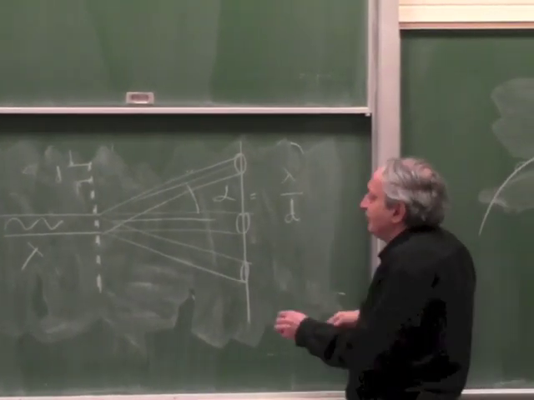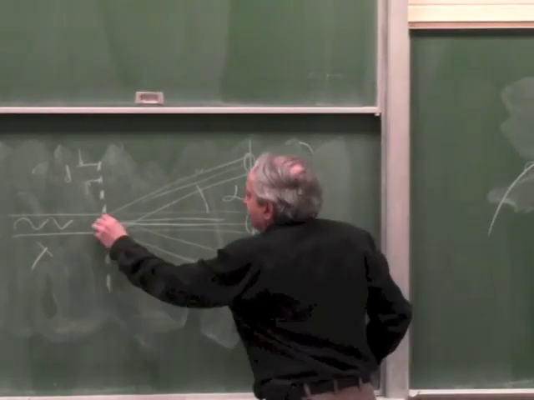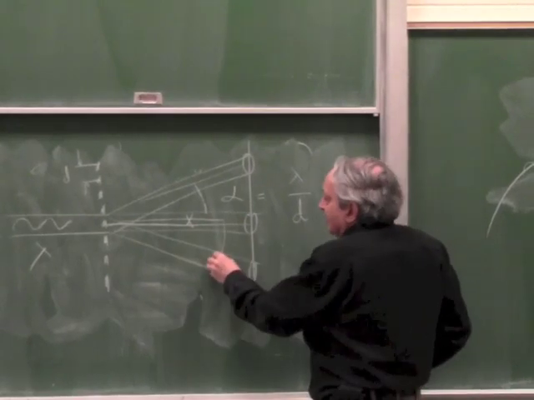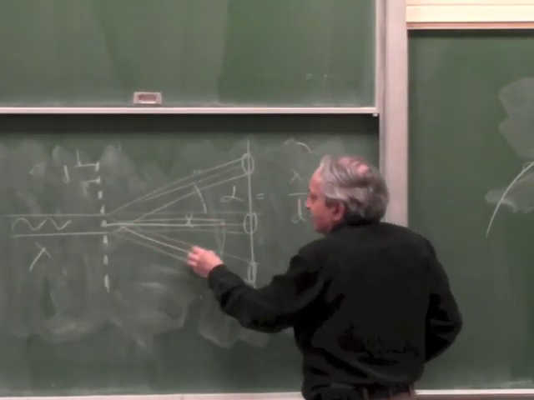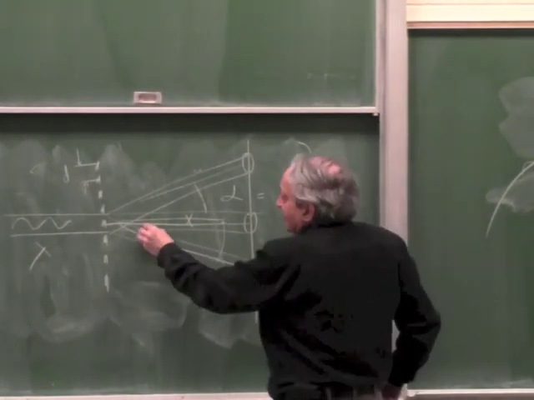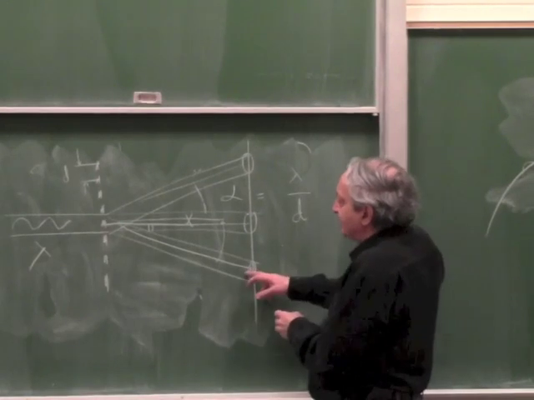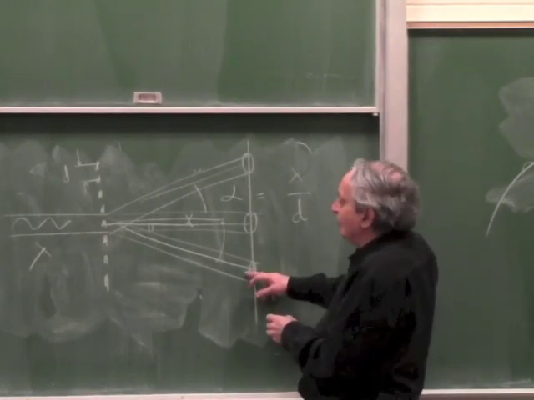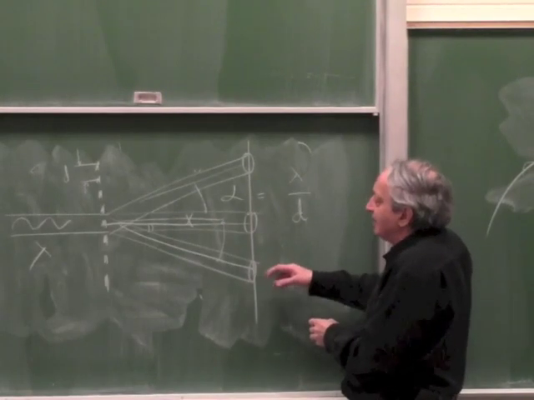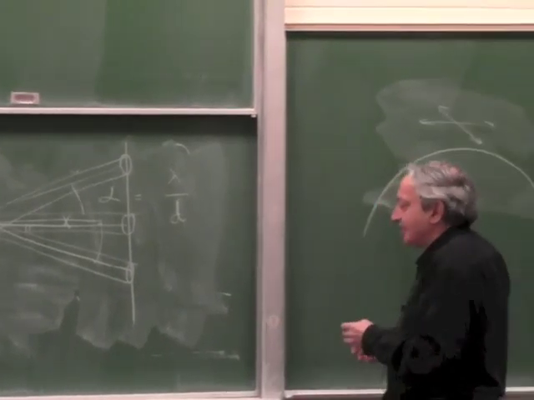The way you prove it: at this distance, let's call it x, if this angle is alpha, I can calculate this distance, and all I have to calculate is at what angle the path difference equals lambda.